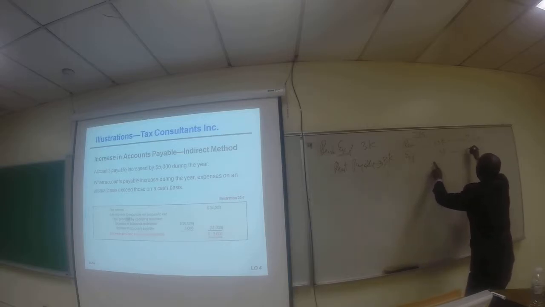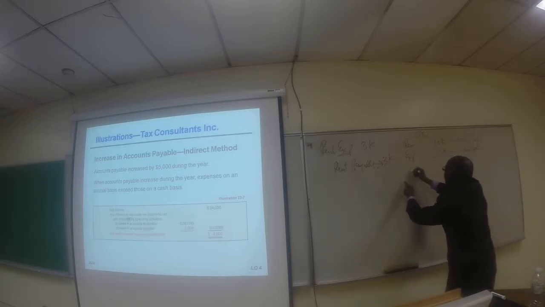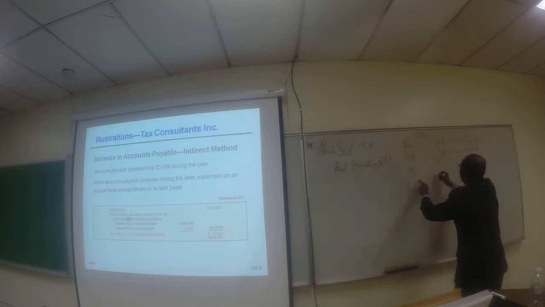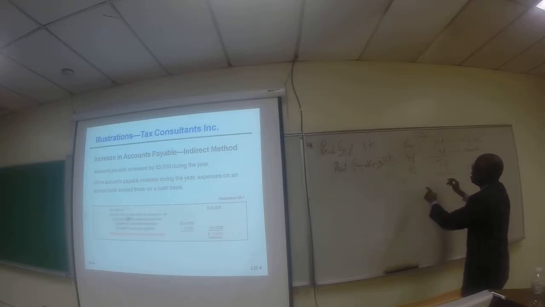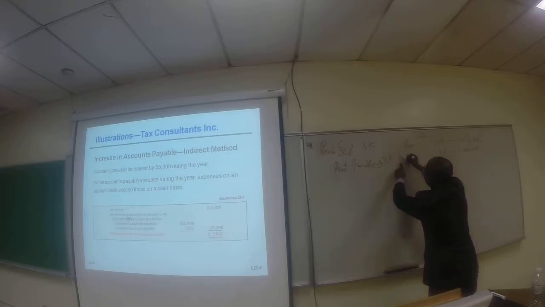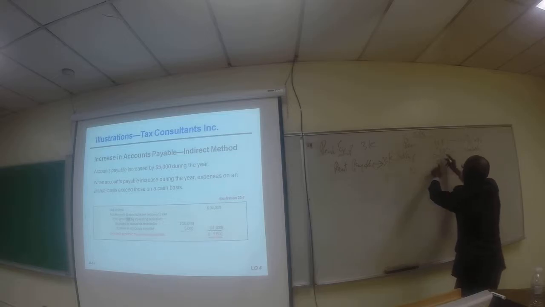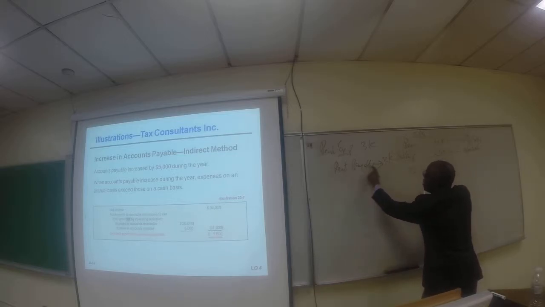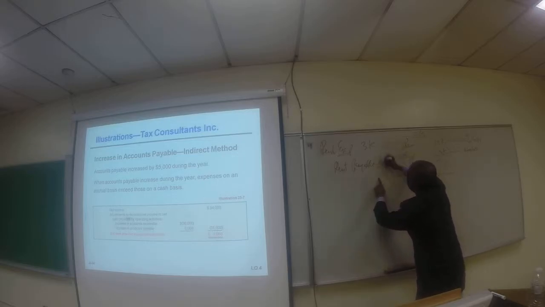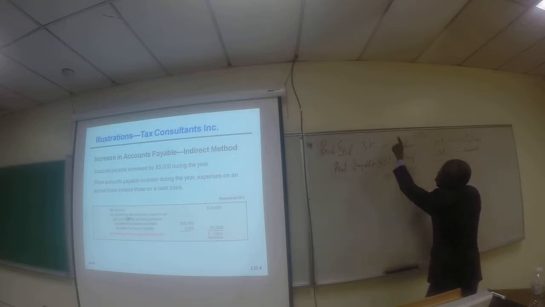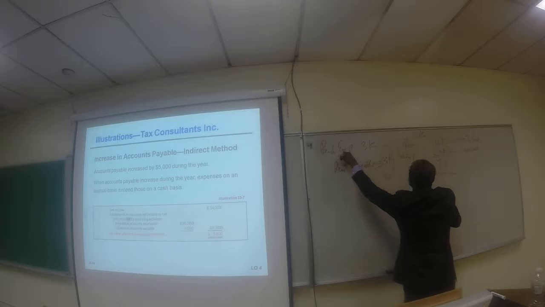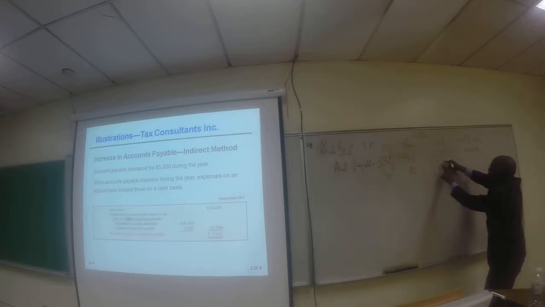Expense is non-cash, right? So net income is what? $7,000, right? This rent expense decreases the bottom line, right? And look, rent payable goes up.